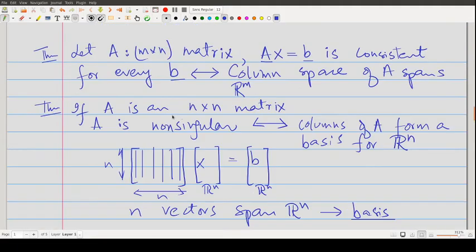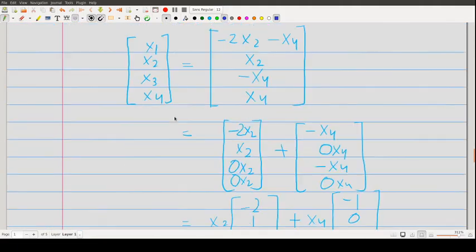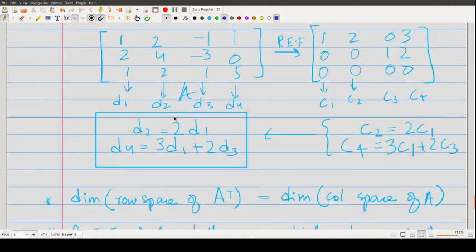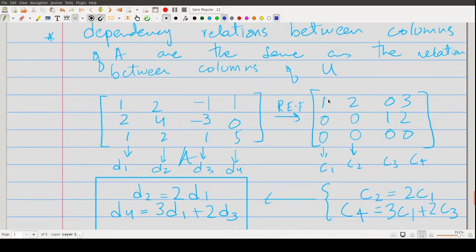But for the column space, it's a bit different. The matrix U tells us which columns to pick to find the basis for the column space. It tells us that this column and this column have the leading entries, which means you take the first column and the third column to find a basis.